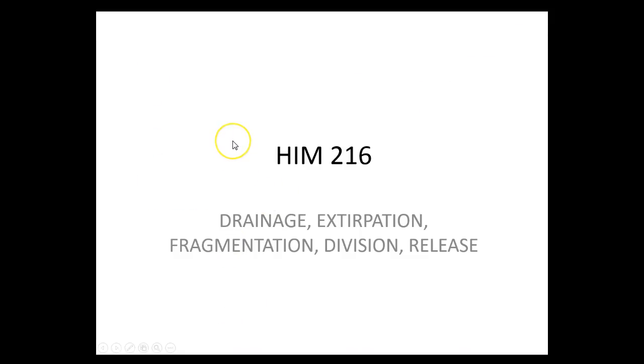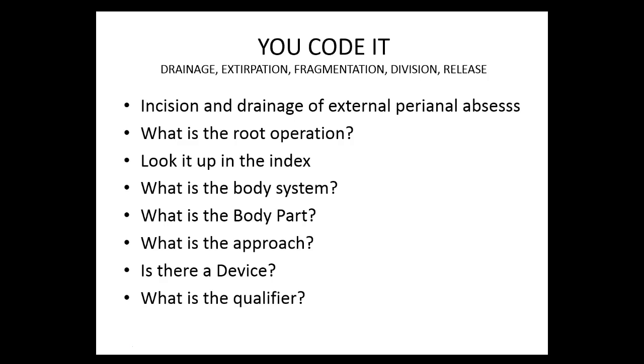Now we're going to look at some additional examples of coding these root operations. So we're going to try looking at the incision and drainage of a perianal abscess. Now you'll remember that we said for incision and drainage that our root operation is drainage.